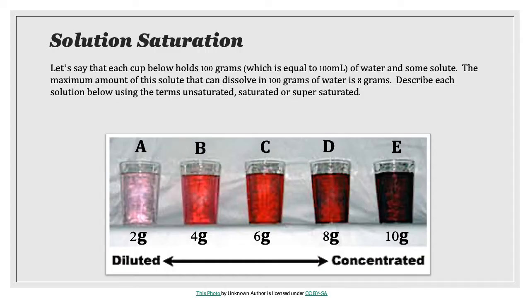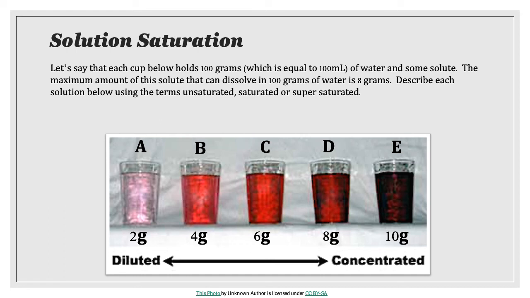Okay, so let's say that each cup below holds 100 grams. Each one of these cups, A, B, C, D, and E, has 100 grams of water, which is also equal to 100 milliliters of water. They're the same. And it has some solute in it.